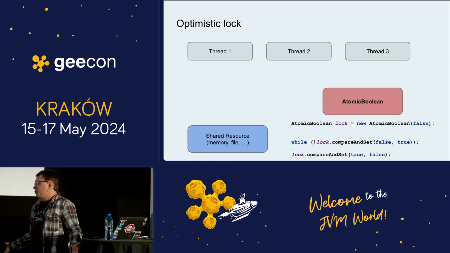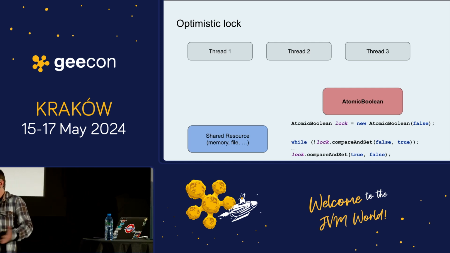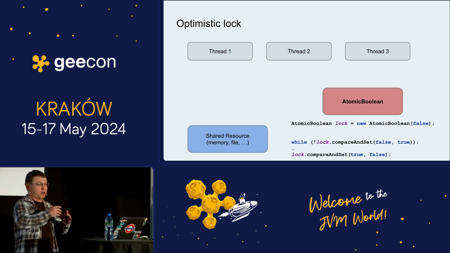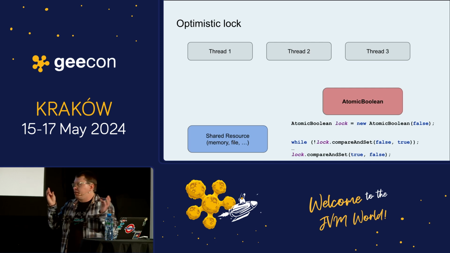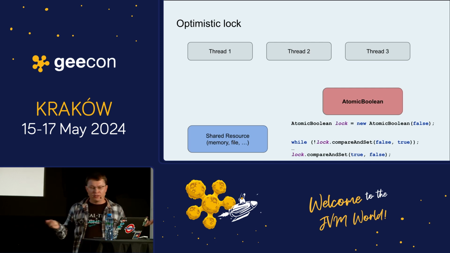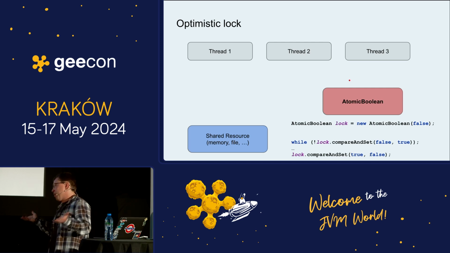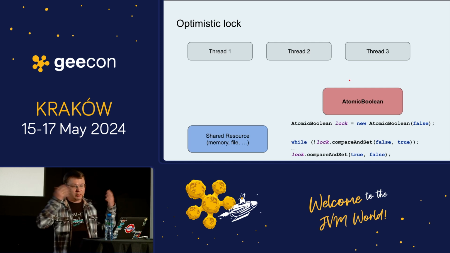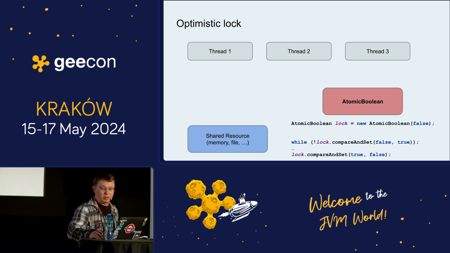This approach has its own benefits. If your lock is very quick and not very long, and there are not a lot of threads, it is even better than, for example, the pessimistic lock. This approach is called optimistic lock.